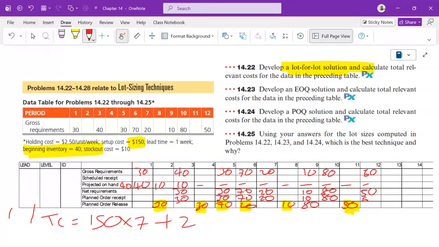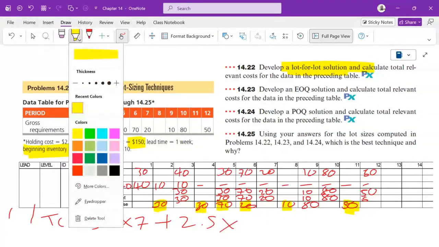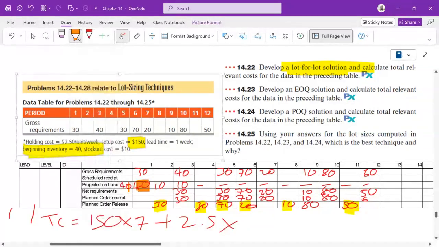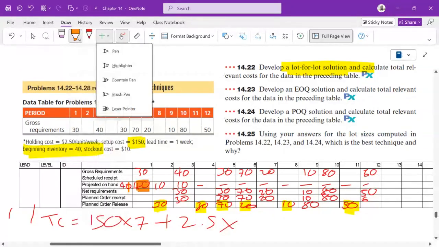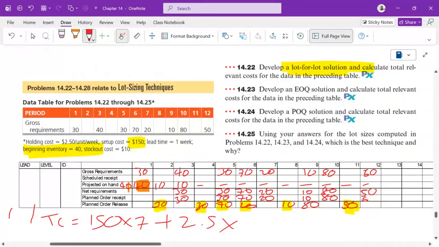My 2.5 multiplied by. Remember this one, we don't include it when we're doing this. So okay, now we have to add 20. The thing is 20.